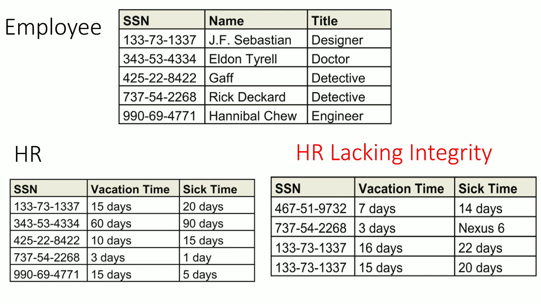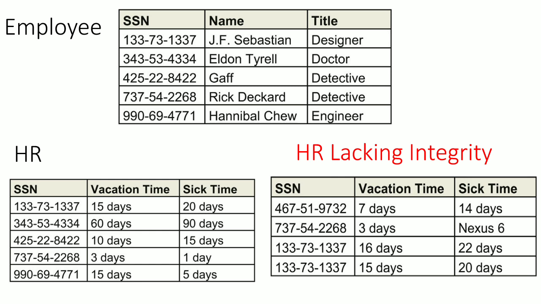It means that the foreign key in the child table of HR does not correspond to the primary key in the parent table. So you cannot find the first SSN number, which is there in the HR table, in the employee table.